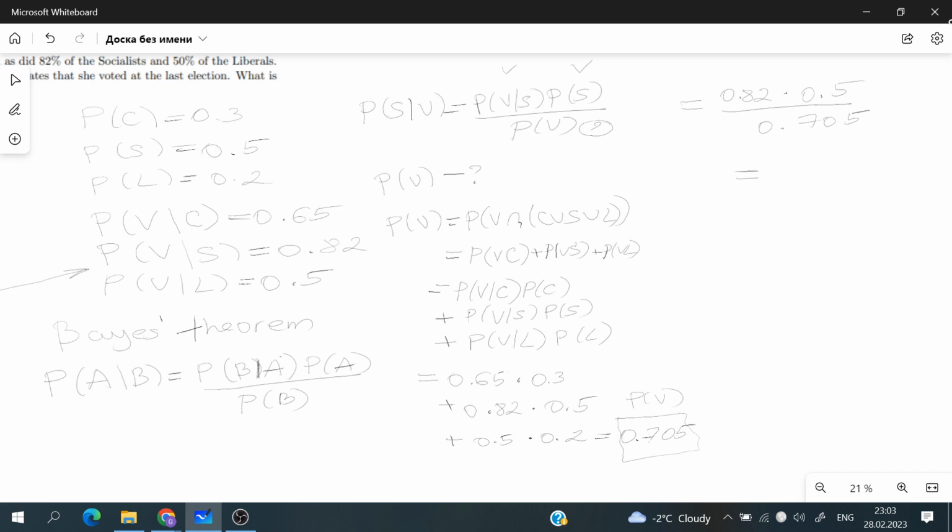Let's use our calculator and find that this number equals 0.5816. So almost 0.6, and it means that there is a 60% chance that the person was a socialist. Thank you so much.